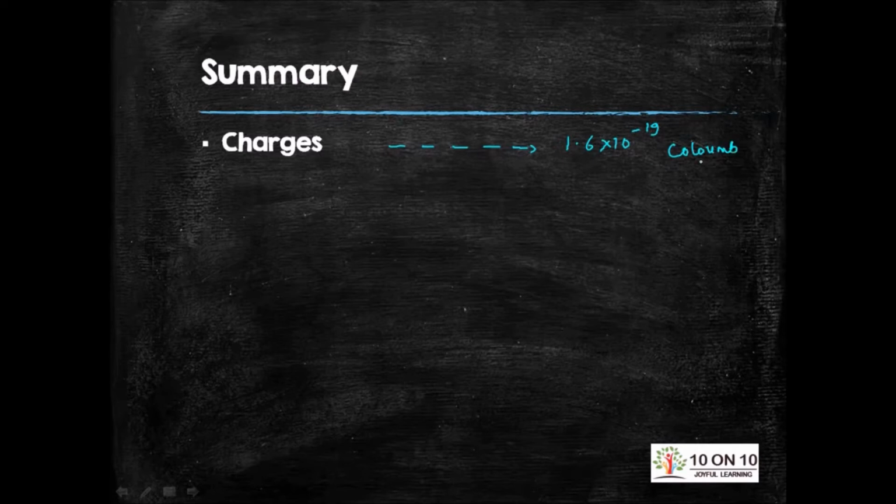Coulomb is the unit of charge. Charge is denoted by Q, and if I would say that 1 coulomb charge is flowing, it would mean 6 into 10 raised to the power 18 electrons. 1 coulomb of charge will contain 6 into 10 raised to the power 18 electrons. So this is what we studied in charges.